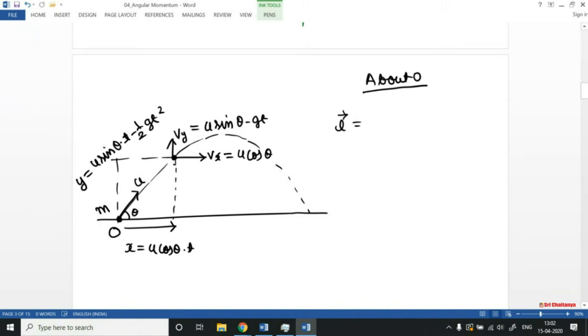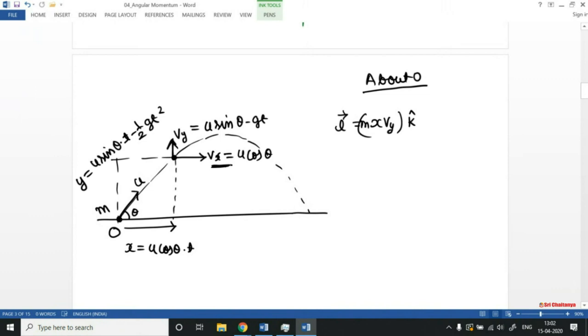So the direction of angular momentum will be outward. So this would be Vy multiplied with r perpendicular, that is x, so m times x times Vy, in anti-clockwise sense, will be along k cap. And similarly, due to the Vx component, the sense of rotation is clockwise.